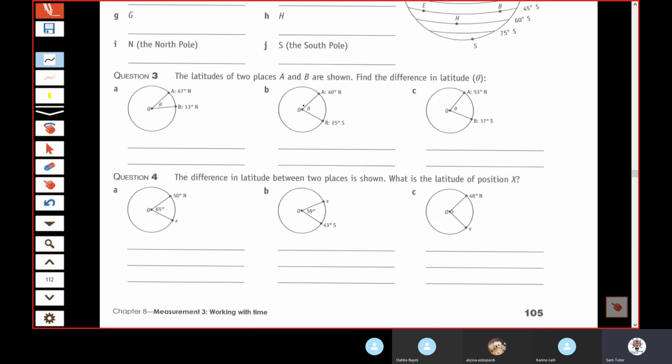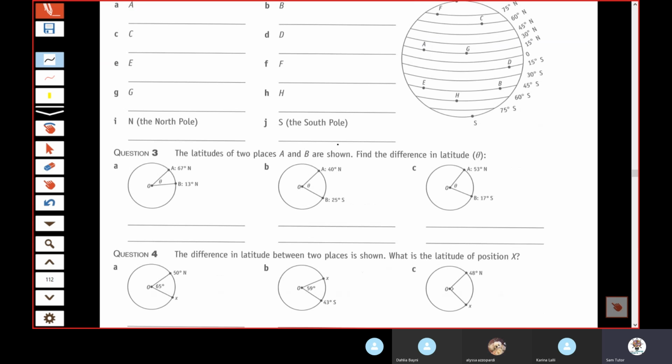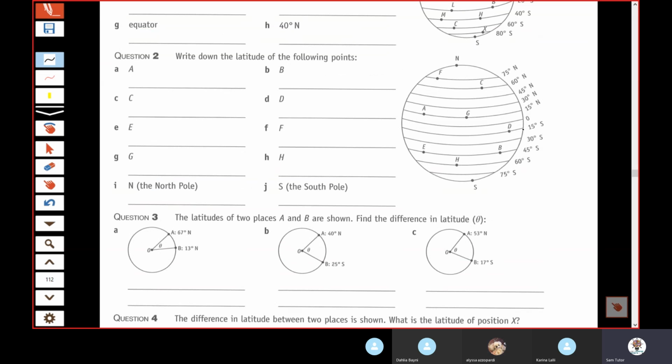The latitude, this is a bit more important. The latitudes of two places A and B are shown. Find the difference in latitude. It's important to know if they are both north or if they're different, north and south. Look at this earth they've drawn for us, with this being the equator, 0.